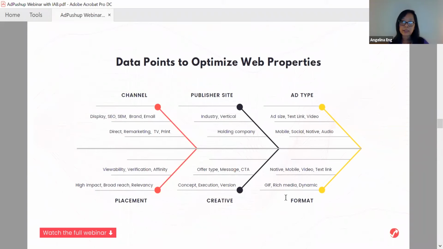You can then take the insights from there, and if you understand the audiences that are actually interacting with it, such as audience segments and location and device, you can then provide case studies that you can offer up to other potential advertisers.